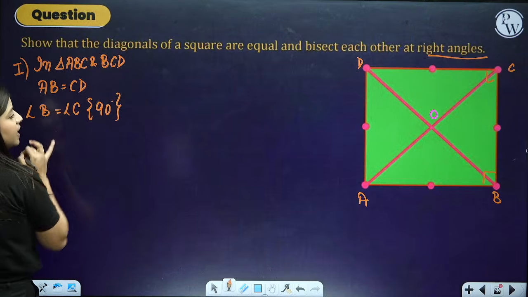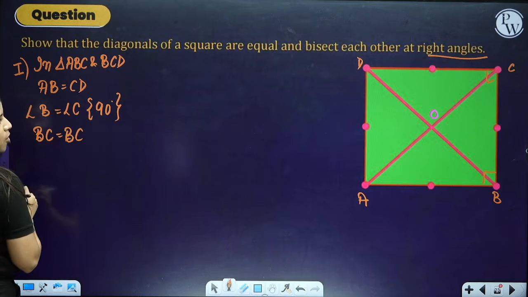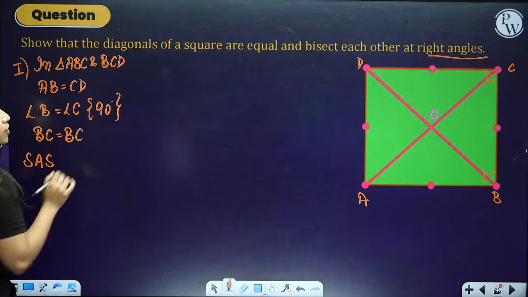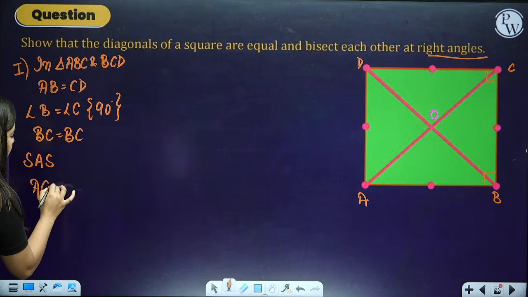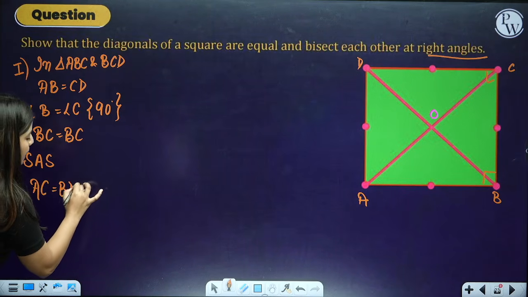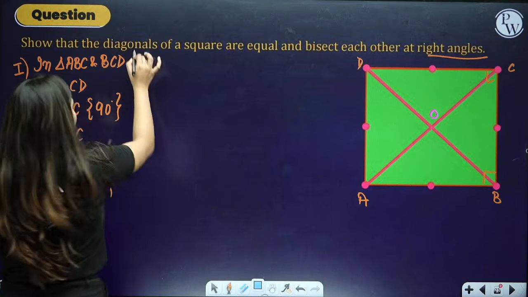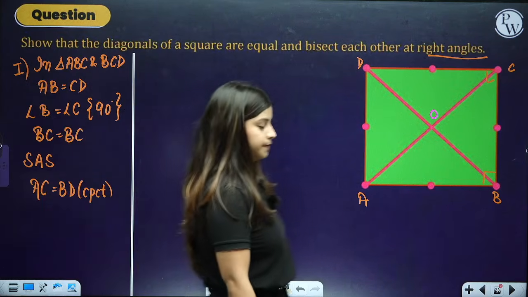And the next thing that we have is BC equals BC, that is common. So, by SAS congruency, both the triangles will be congruent and we can simply write that AC is equal to BD by CPCT. Corresponding parts of congruent triangles are equal.